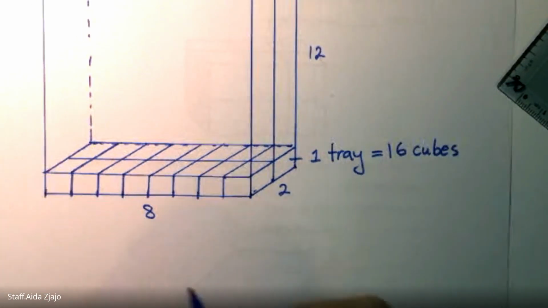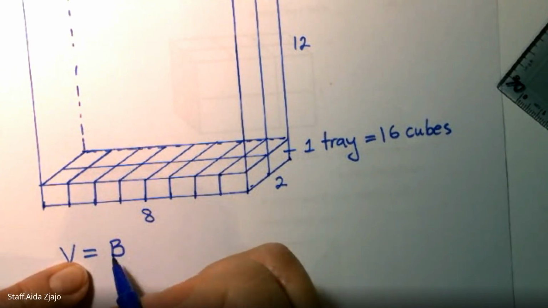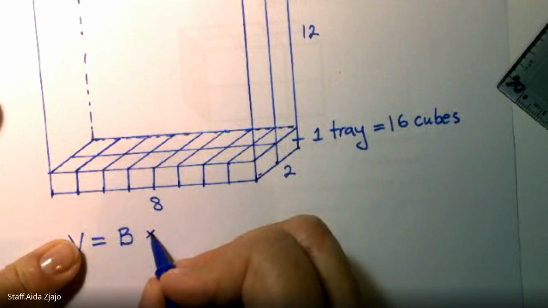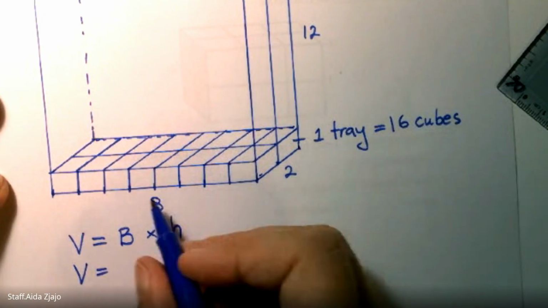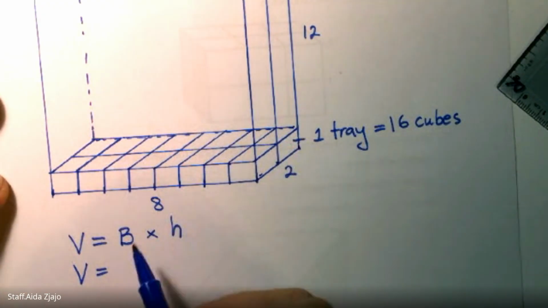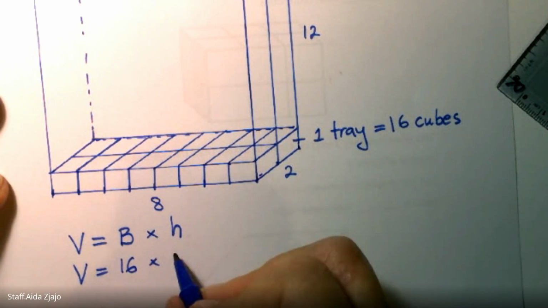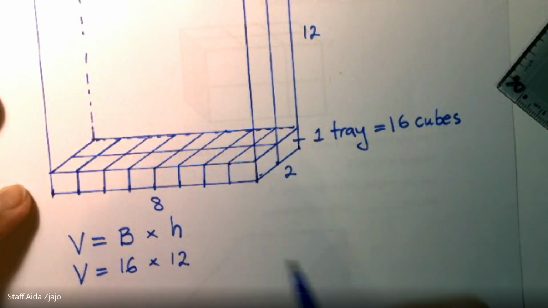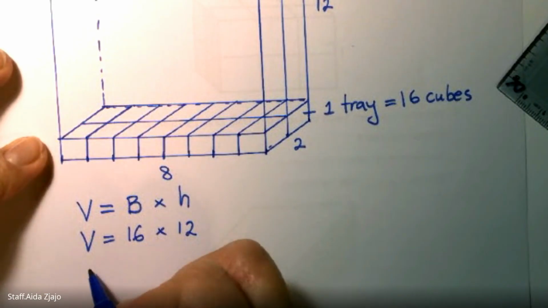So the volume of one tray is base times height. We know the base is 8 times 2, 16 cubes, times 12 trays. Now we need to figure out how we can multiply.